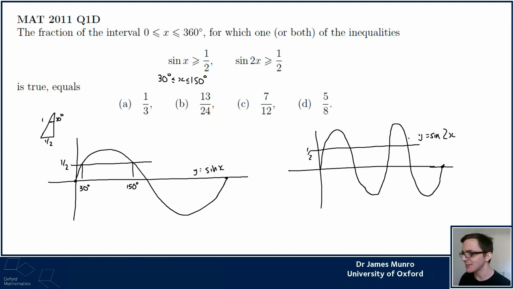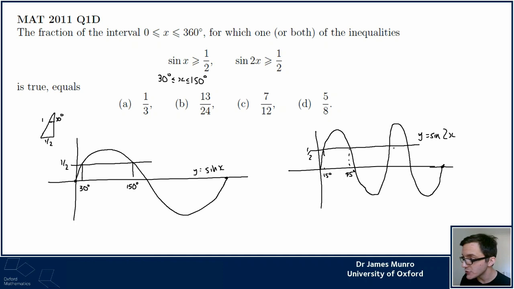Okay, so where does this happen? There's a couple of roots over here where, if I think about them, this has been squashed by a factor of 2. So these are probably 15 degrees and 75 degrees. Thinking about how this sine curve has been squashed down, these solutions have been squashed down to 15 and 75.